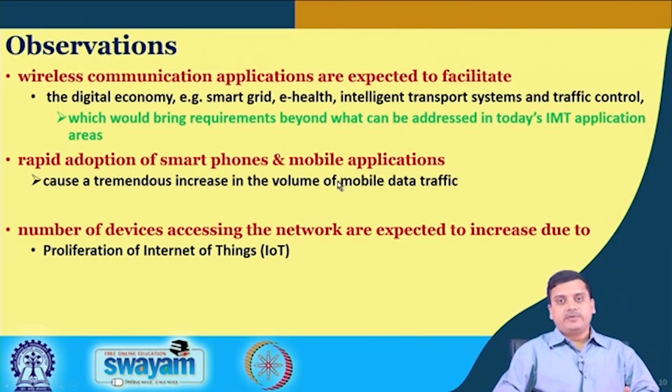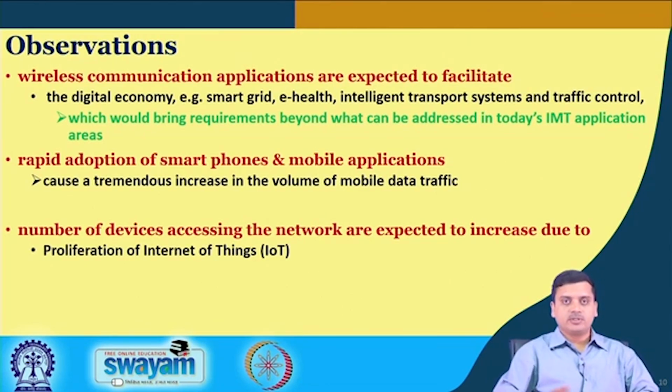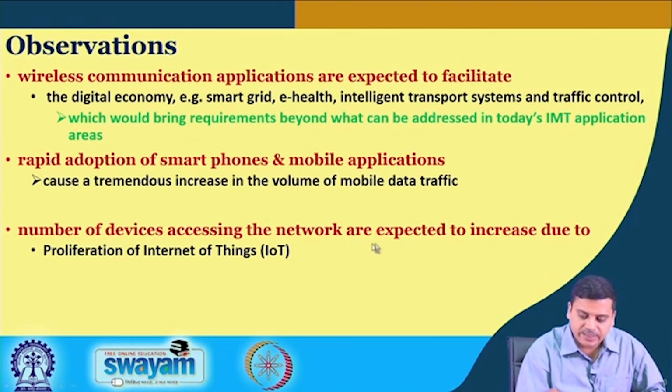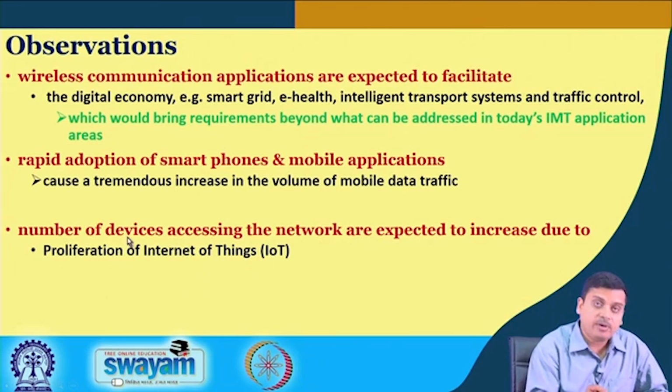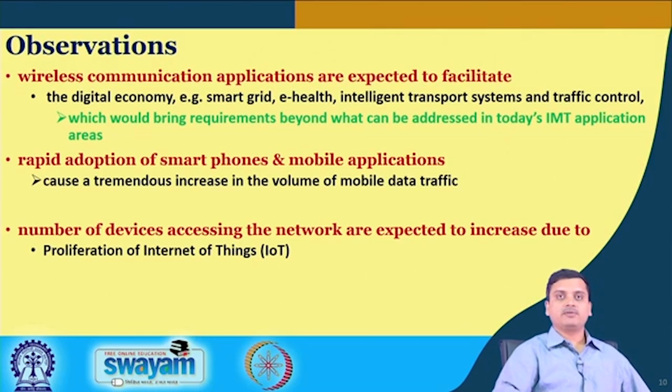It is very well known, with the huge number of mobile phones that are sold every day, and things becoming cheaper and cheaper, and advanced features coming even in low cost devices. And the number of devices accessing the network is expected to increase, amongst many other things, due to the proliferation of the Internet of Things. So, we will see certain numbers which are really mind boggling when we see the number of connections and devices that IoT is going to bring in.